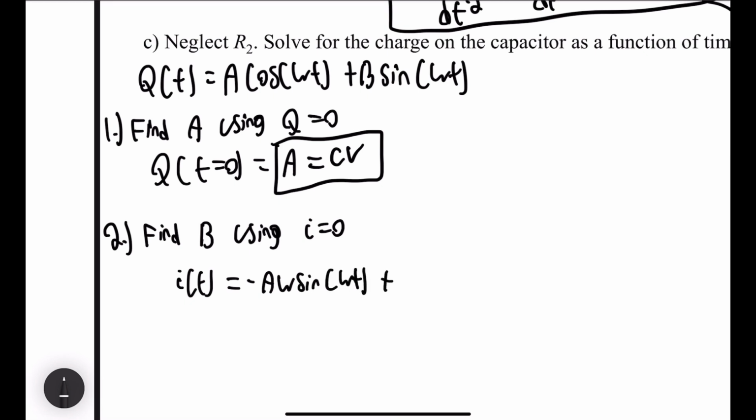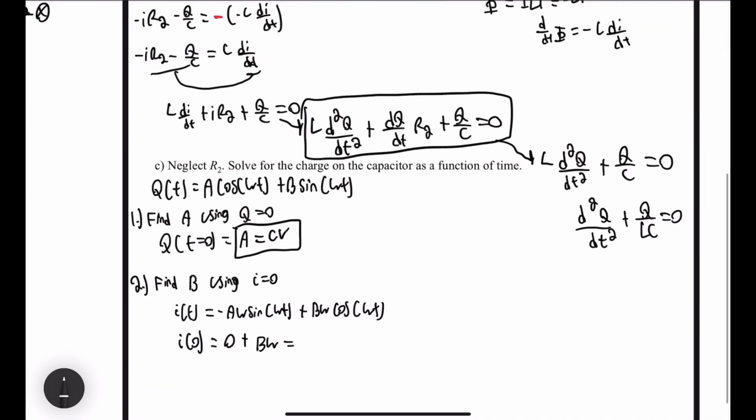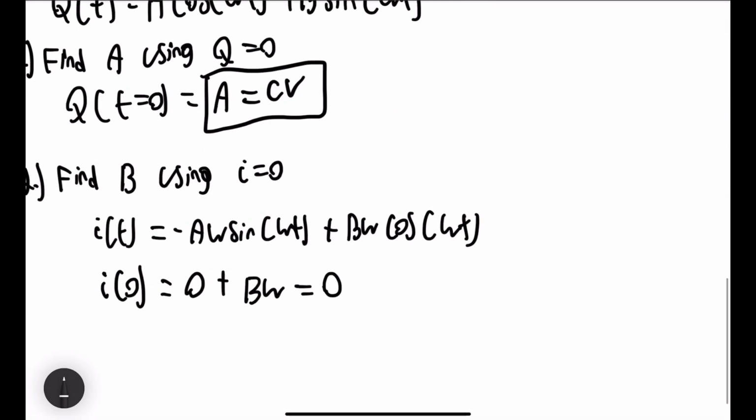The same thing for the right side, derivative of sine is cosine, and then chain rule, B omega cosine omega t. And then I of 0, I would get 0 plus B omega, and this has to equal the initial condition of the current, which we said was 0. We can divide by omega, and then we just get that B is equal to 0.